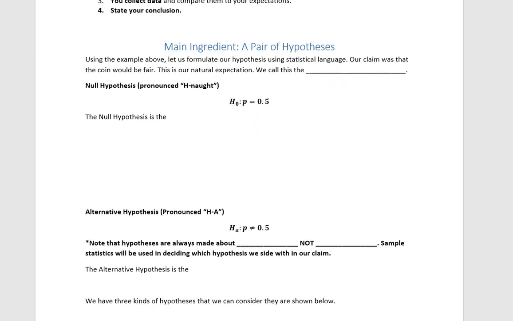So the main ingredient we have is a pair of hypotheses. In the example we talked about above, we are going to use this to formulate our hypotheses using statistical language. So our first claim was that the coin would be fair. This is your natural expectation. What we call this is the null hypothesis.